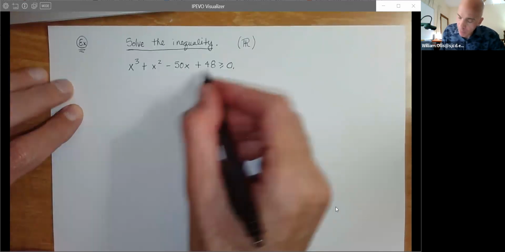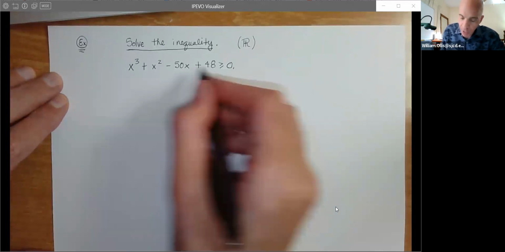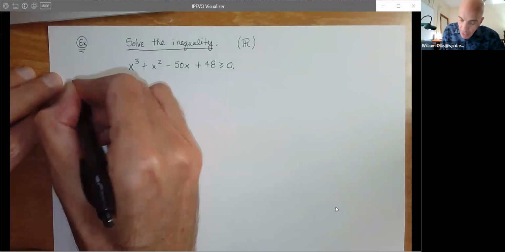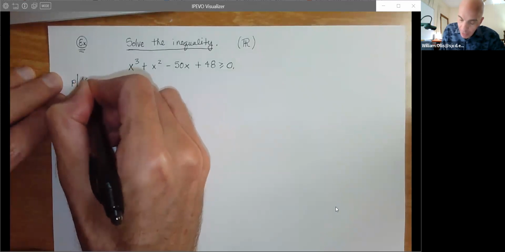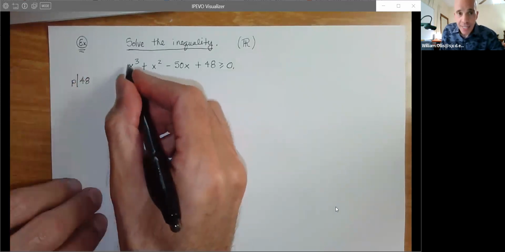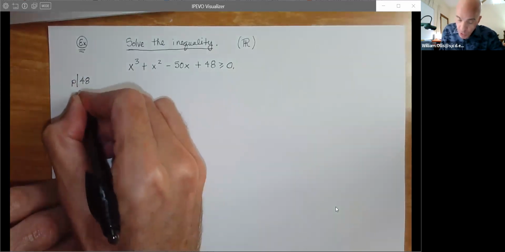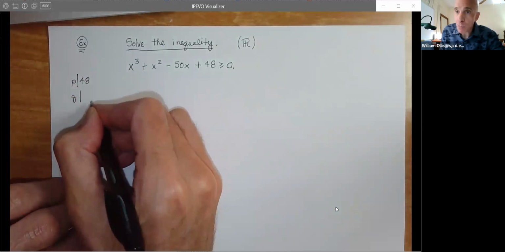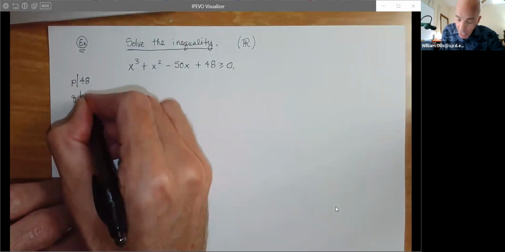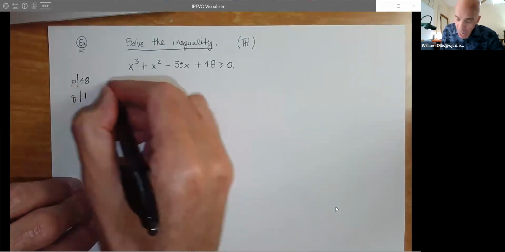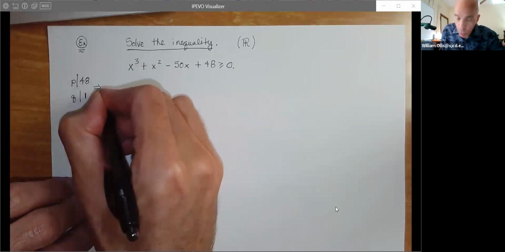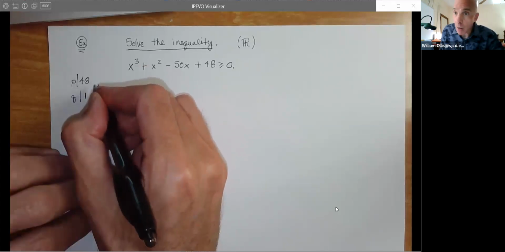First, notice the constant term is 48, so the P would have to divide 48. And the leading coefficient is 1, so the Q, which is the denominator of the possible rational zero, would have to divide 1. So this just implies that we're looking at divisors of 48.